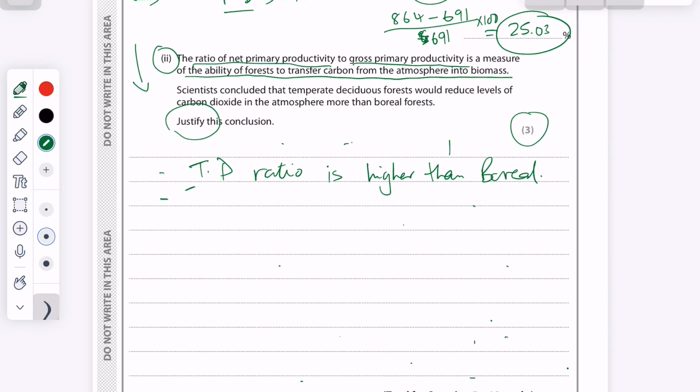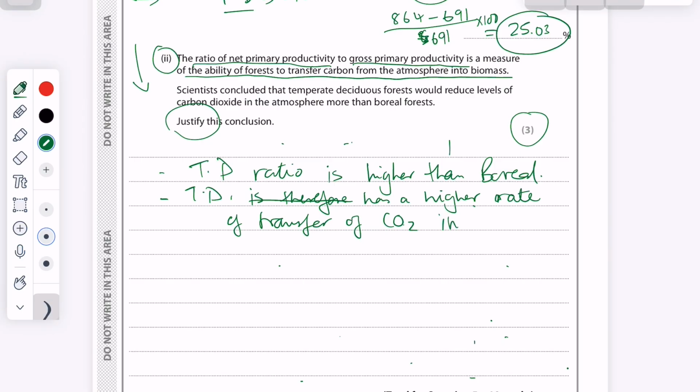So my next point is that TD has a higher rate of transfer of CO2 into biomass.